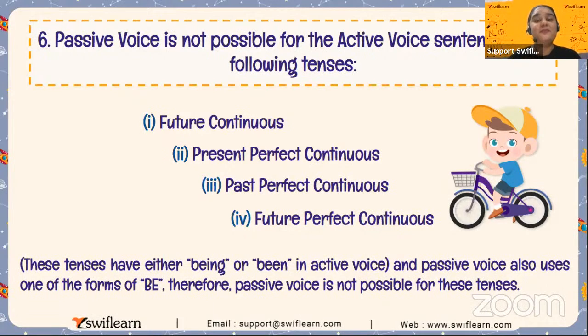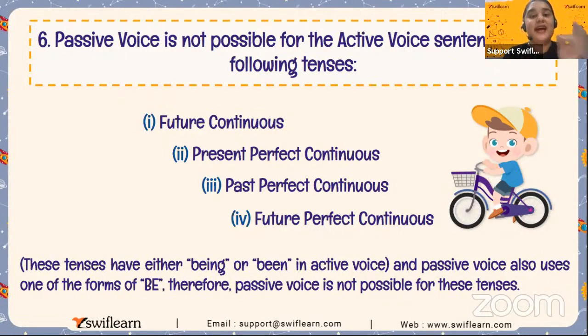So when we talk about present perfect continuous, tell me the sentence. Give me any sentence in comment box for present perfect continuous tense. Yes, he has been reading a newspaper for 2 hours. He has been reading. Okay, so we cannot change it into passive voice because we are already using been.